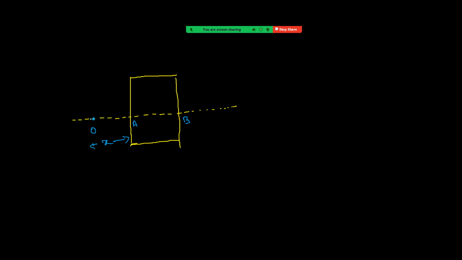Now see, since the object is real, rays are diverging from here, like this, like this, like this, in all directions. Let us take one light ray.